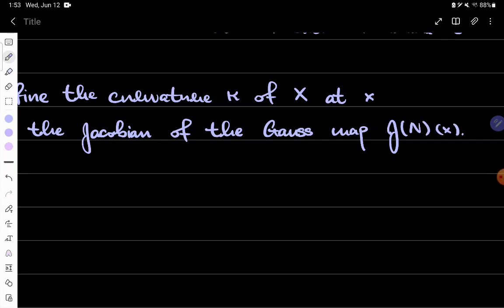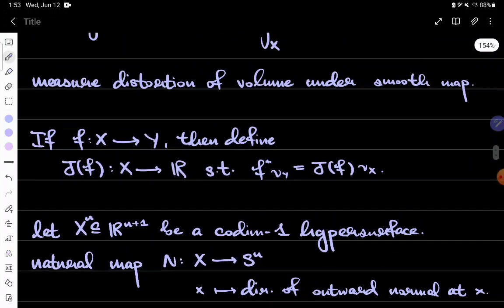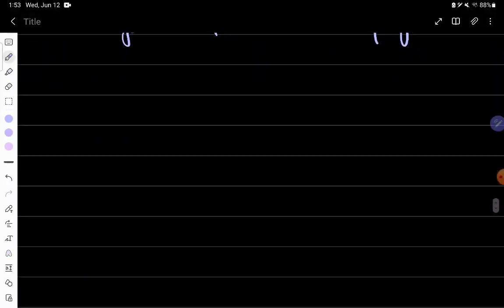Okay. And remember that j of f is going to be a function from x to r, so this is something that depends pointwise.